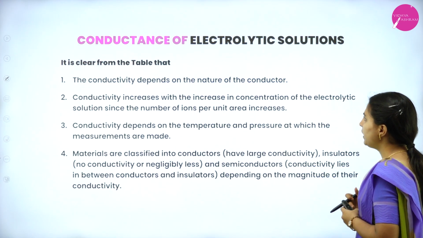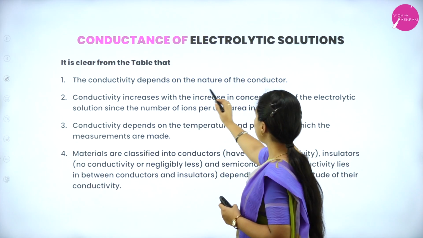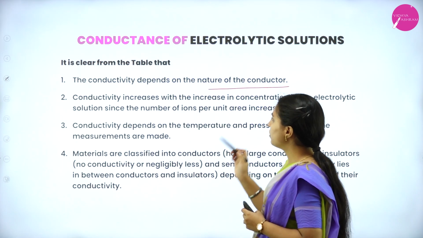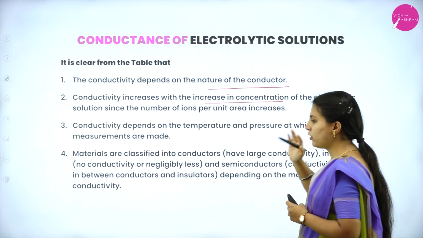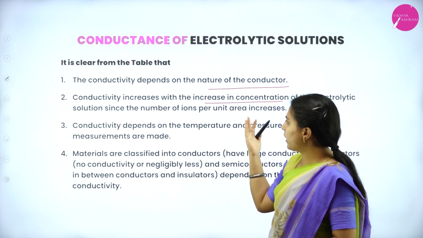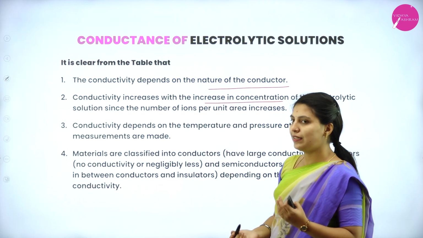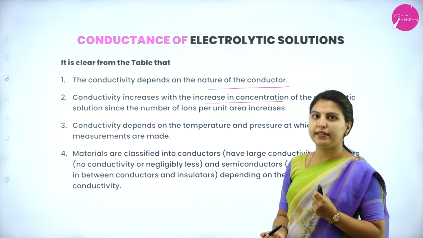From the table, it is clear that the conductivity depends on the nature of the conductor, and conductivity increases with increase in concentration. When the concentration of the electrolytic solution increases, conductivity also increases, since the number of ions per unit area increases.